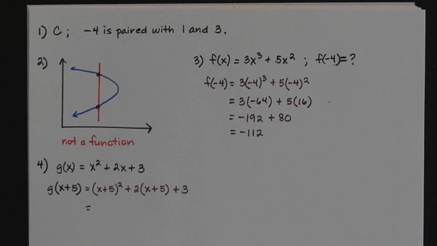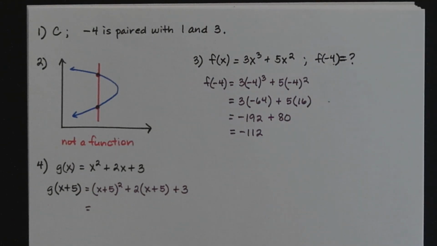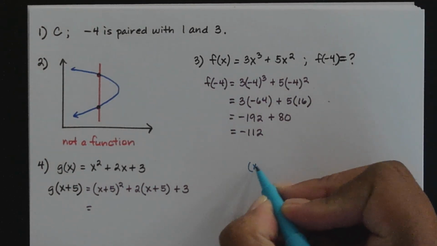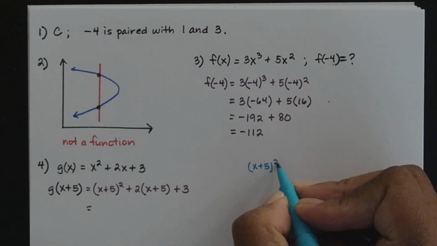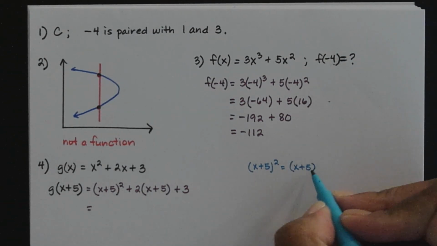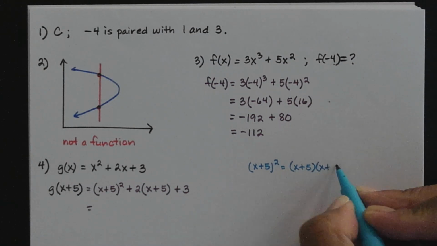And from here, we just go ahead and simplify. Now, in this case, for that x plus 5 quantity squared, I'm going to do this off to the side as scratch work. That x plus 5 is used as a factor twice, so I'll just write that as x plus 5 times x plus 5.